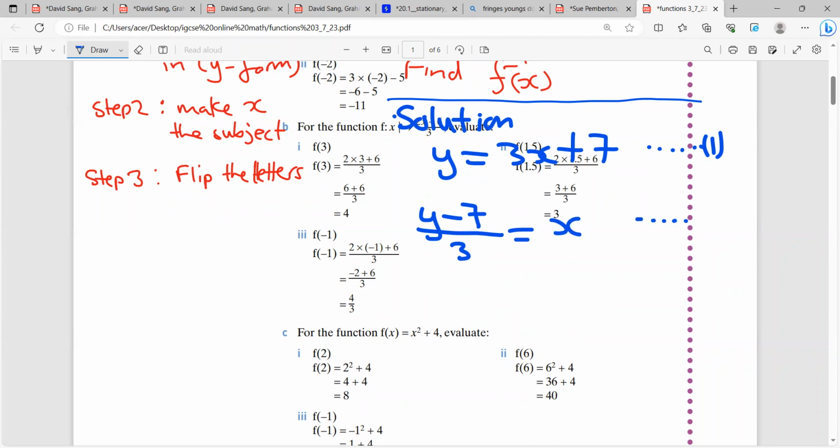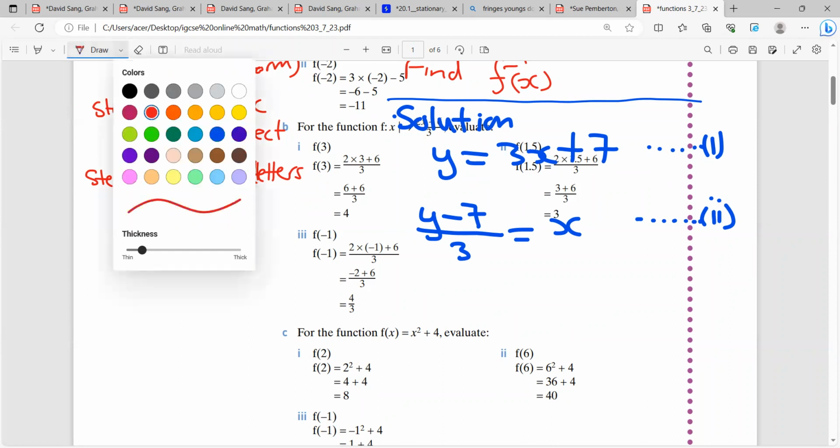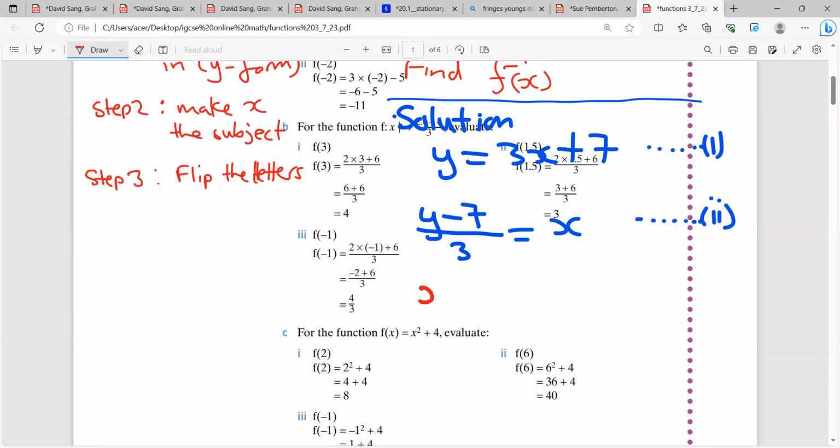I know you understand this, so I won't spend much time on it. That's step 2. And then step 3, flip the letters, which means your y is going to be your x and your x is going to be your y. So now we have x minus 7 over 3 equals y.